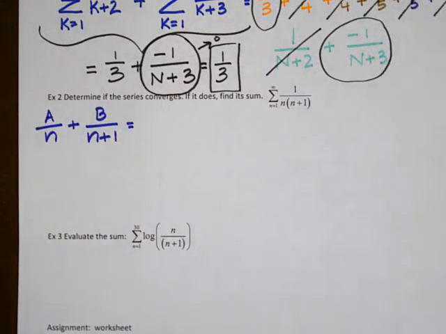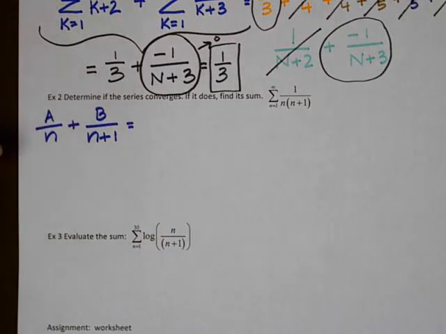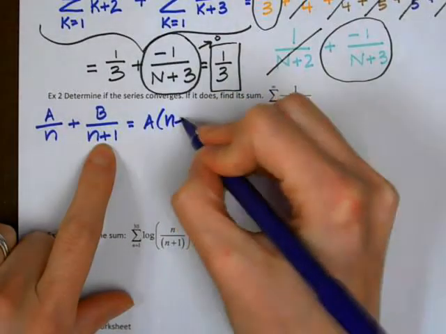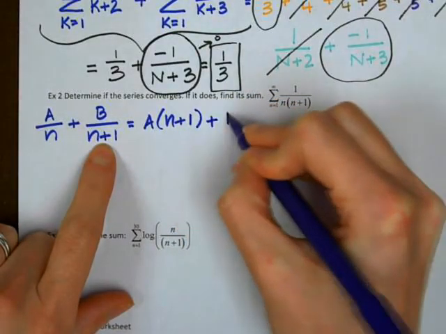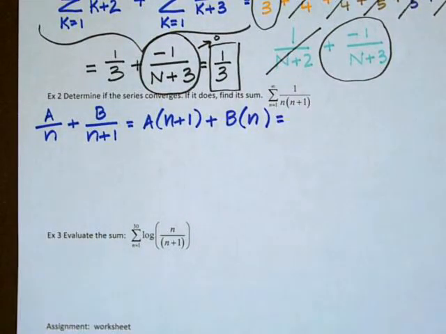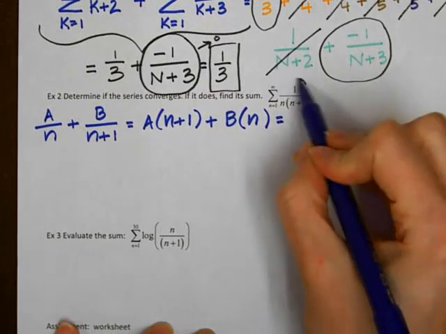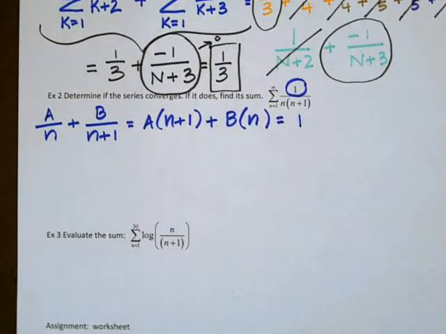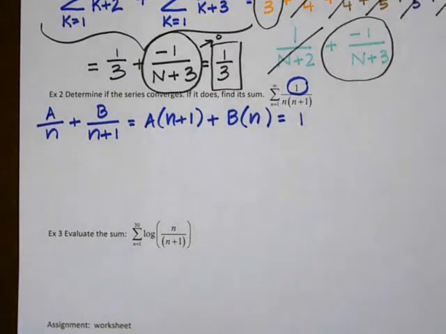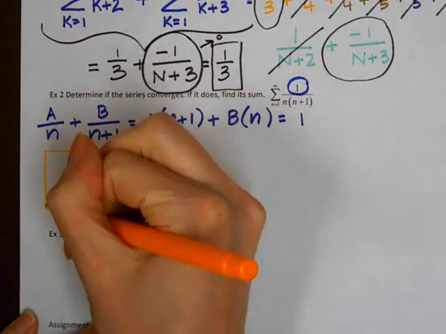And then remember, you're trying to get a common denominator, so let's see what the new numerators would be. This term would need the n plus 1, and the b term would need the single n. And since that's the numerator, it's going to be equal to the numerator here, which is 1. And then you guys know the drill. Let's pick some strategic n values off to the side to see what a and b are going to equal.